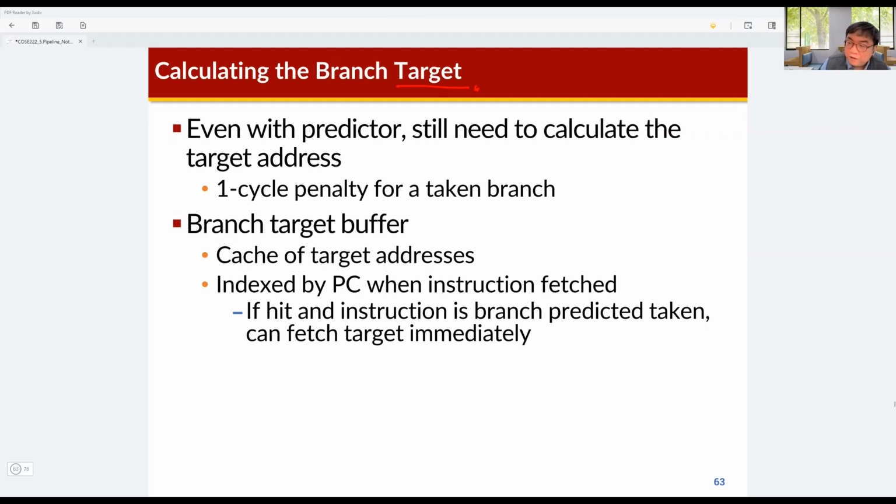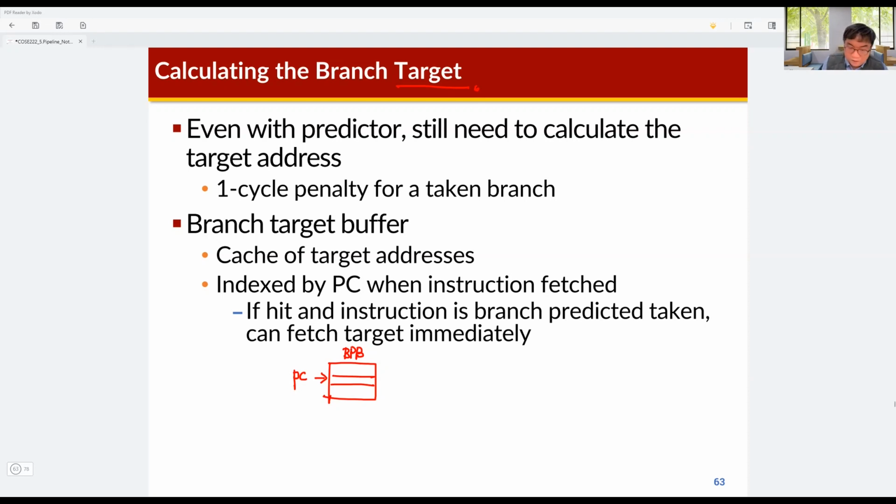When I explained branch prediction, I said that the history of the branch instruction is stored in the branch prediction buffer, BPB, and this buffer is indexed by the PC of the current branch instruction.